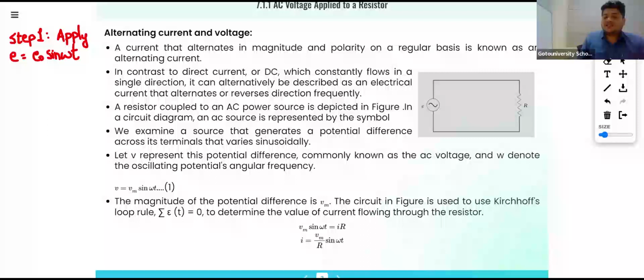Okay, this is our resistor circuit, a two resistor circuit. So what we have?